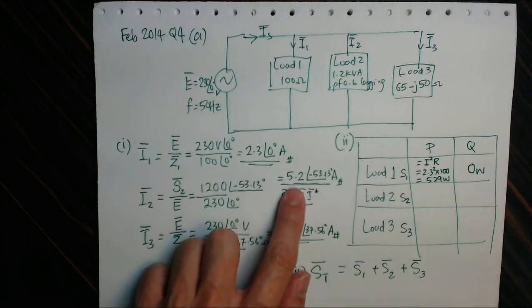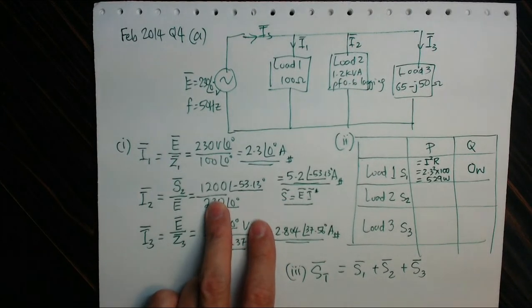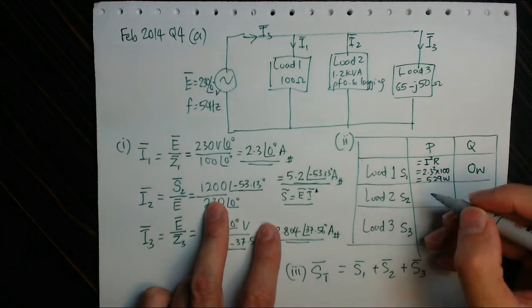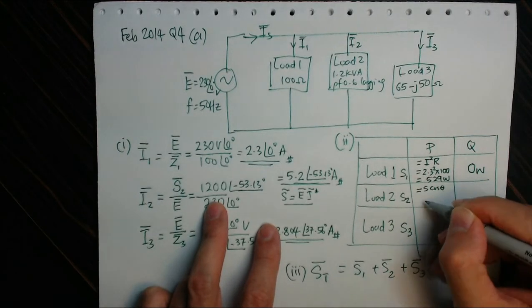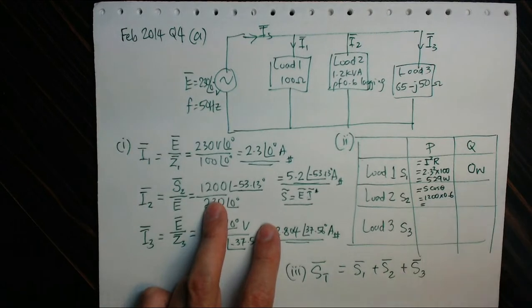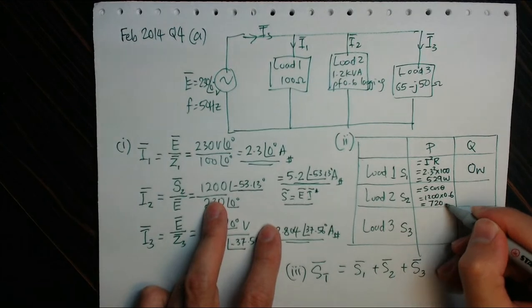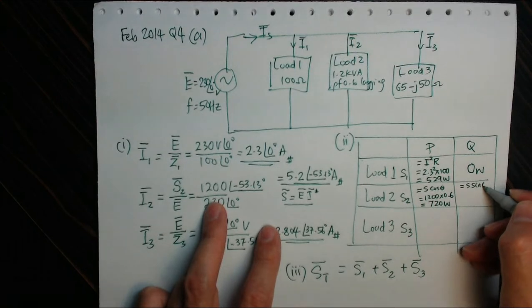Okay. For the second one, I am given the apparent power, which is 1200, so I can make use of the power factor involved. The real power will be S cosine theta, which is 1200 times 0.6, which gives me 720 watts. Whereas the reactive power is S sine theta.